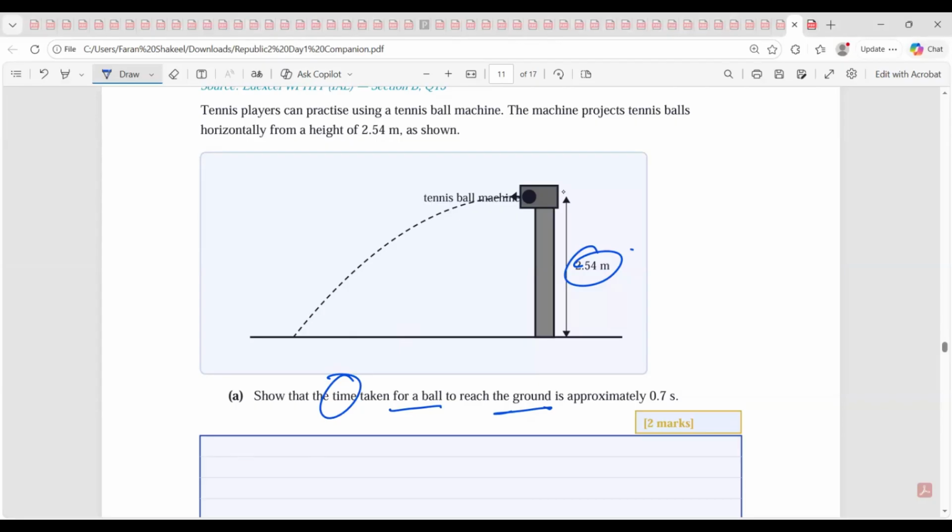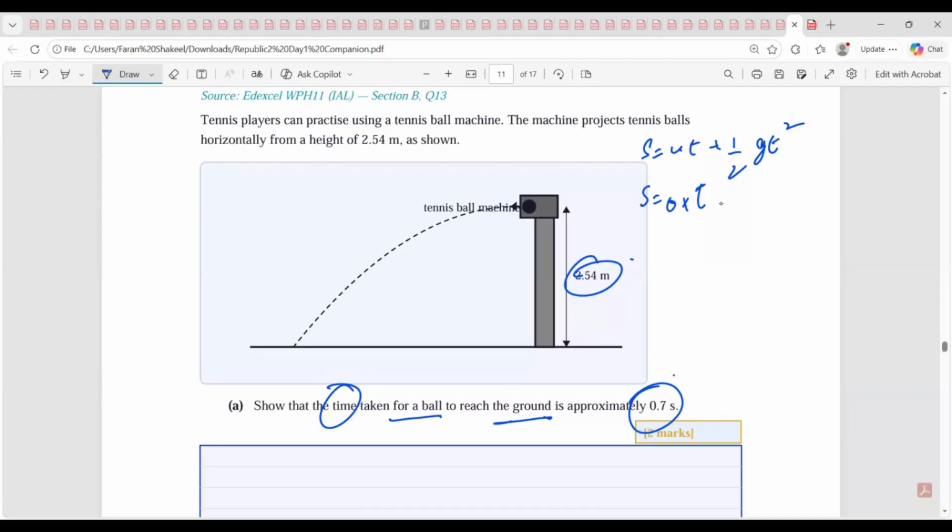For example, first of all, the object is projected downwards from a height of 2.54, and we're supposed to be calculating the time. So I'm just going to talk about the vertical motion. I've got s equals ut plus half g t squared. The initial velocity in the vertical motion is 0, so s equals 0 times t plus half g t squared.